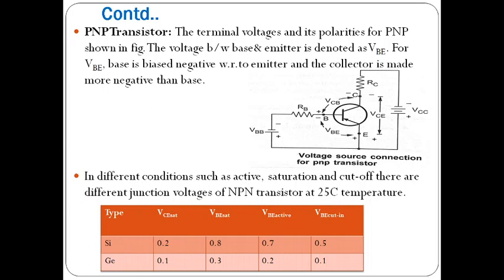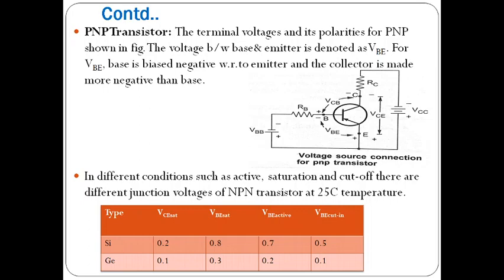In different conditions such as active, saturation and cutoff, there are different junction voltages of an NPN transistor at room temperature, that is 25 degrees Celsius. For silicon, when it is in saturation, VCE sat is 0.2 volts. VBE sat is 0.8, VBE active is 0.7, VBE cut-in is 0.5 volts.